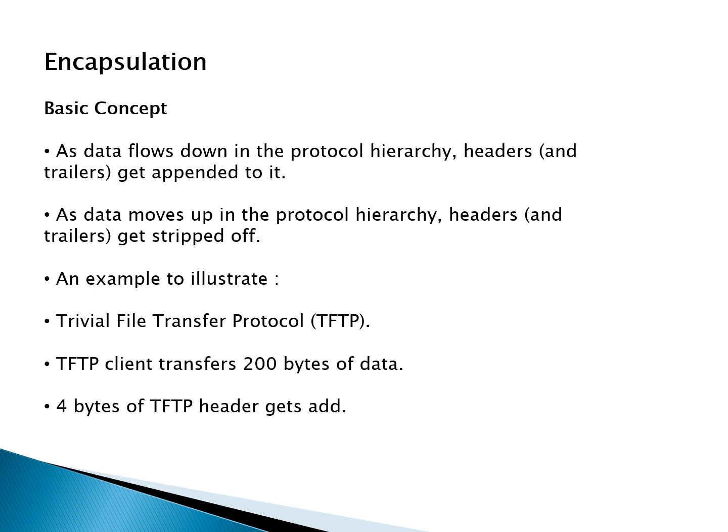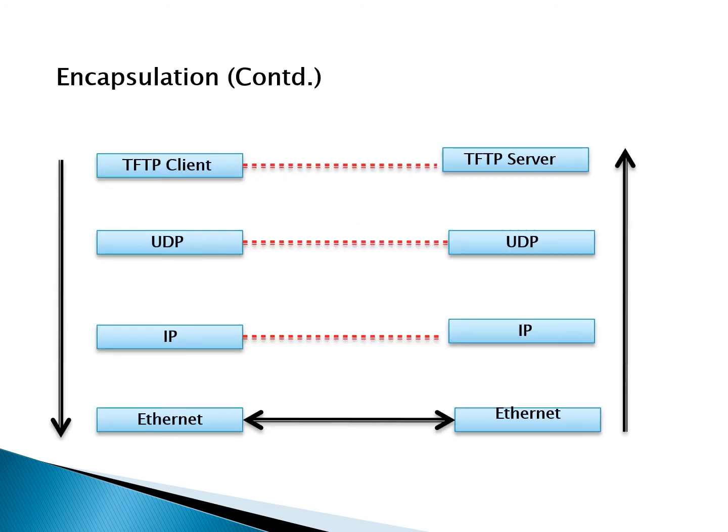Here I am taking a simple example of Trivial File Transfer Protocol, TFTP, to explain encapsulation. There is a TFTP client who is trying to send 200 bytes of data to a TFTP server. For the TFTP protocol, the header size is 4 bytes. You can see in this figure how the TFTP client sends data which goes down at the client end and comes up at the server end.